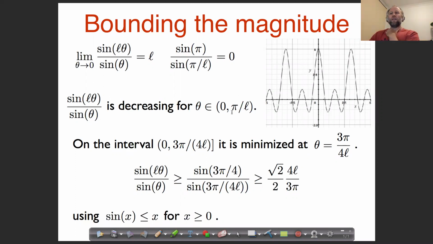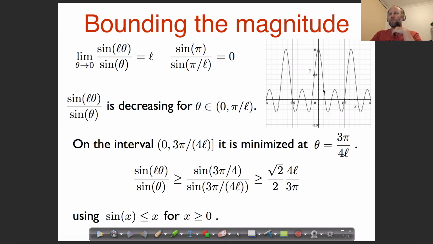So if we look at the interval between 0 and something bounded away from pi over L, like 3/4 times pi over L, this function is going to be minimized over that interval at the right endpoint, so at 3 pi over 4L.